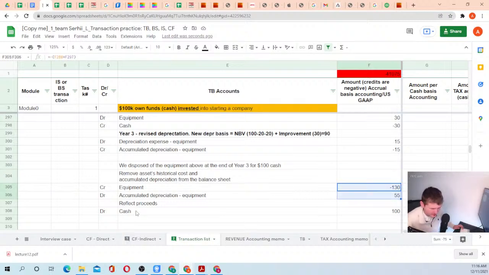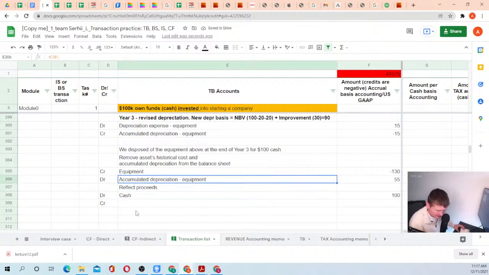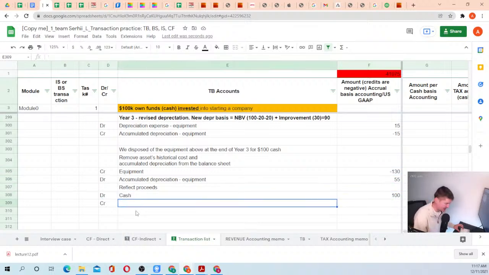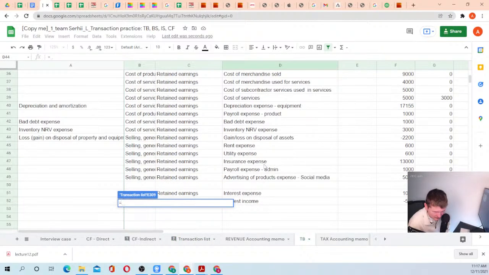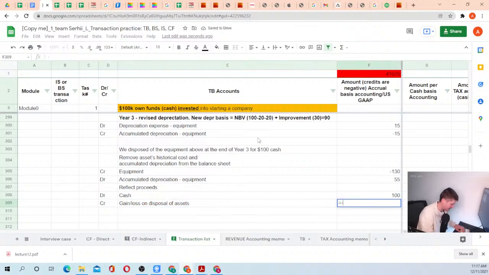We disposed of the asset and the net book value of that asset was $75. We got $100 cash for it. So we kind of made some money on that asset. So that should be credit. Yeah, it should be credit to balance all of that. And the credit should go to gain or loss on disposal of assets. And that should be a gain.